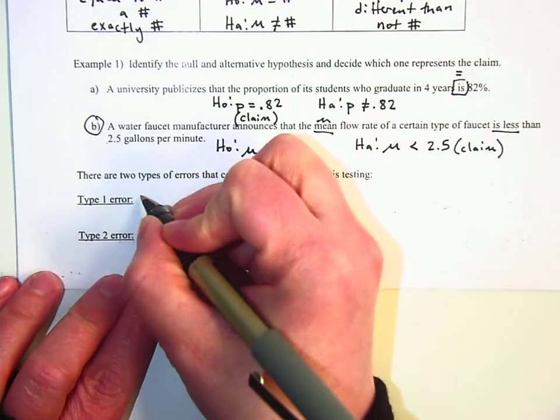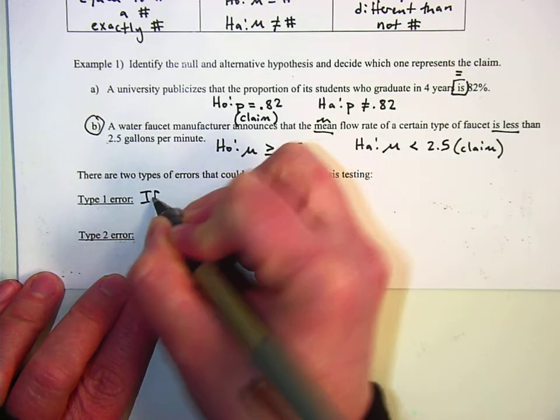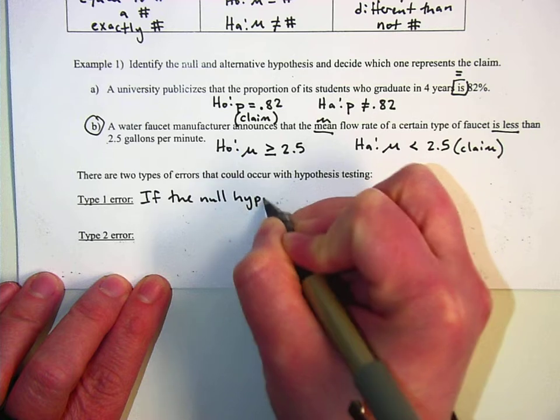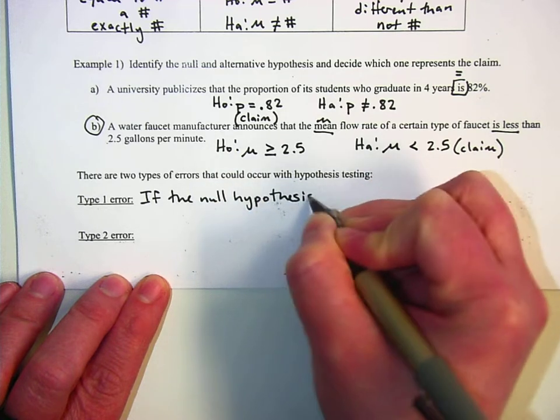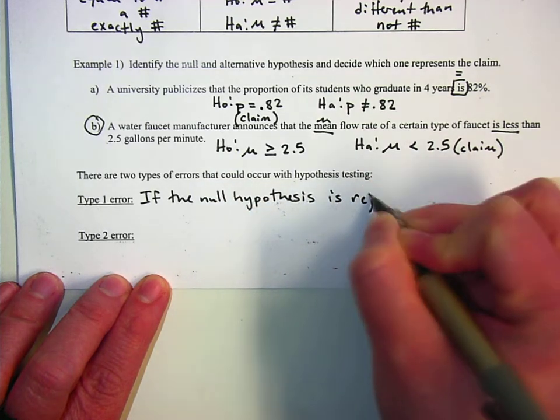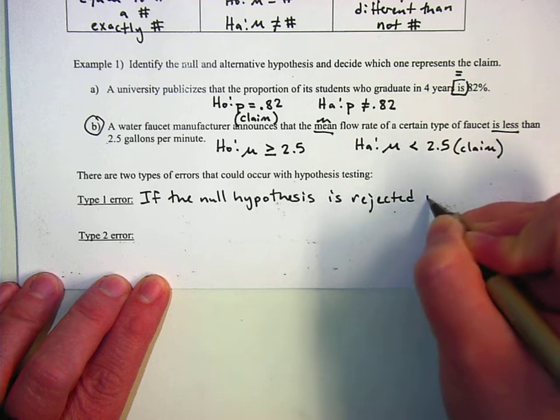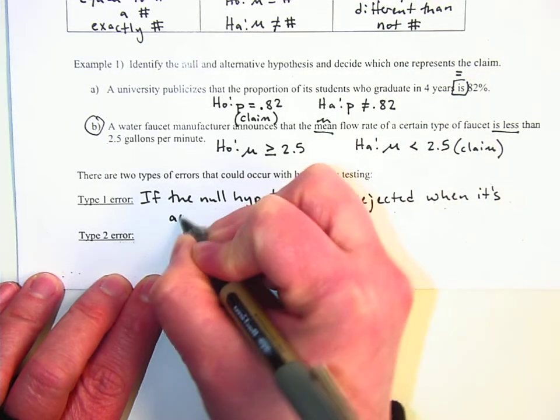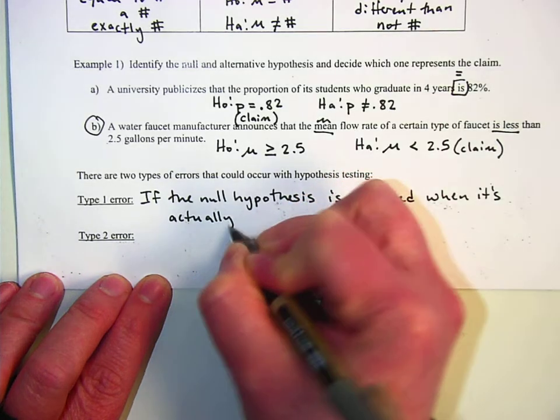And the first one is a type 1 error, and that is if the null hypothesis is rejected when it's actually true.